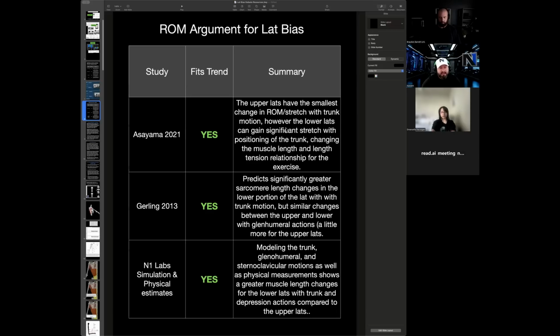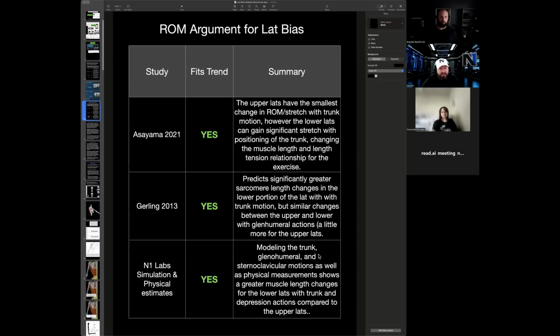So we can affect the range of motion of these relative portions of the lat very differently with how we position the trunk. We saw the same evidence in the Gerling study, which used fascicle lengths to estimate sarcomere length changes, and they came up with the same conclusions: the lower lats get a substantial length change in lateral bending and also more on rotation relative to the upper portion of the lats.